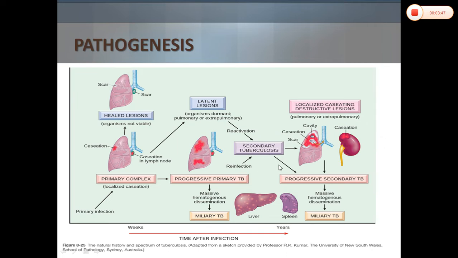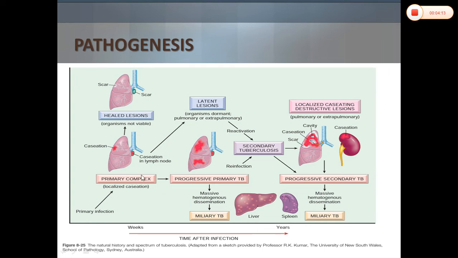In the case of this reinfection, there will be caseation along with scars and cavitation with destruction of lung parenchyma, and also extrapulmonary lesions. It goes into progressive secondary TB and finally leads into miliary tuberculosis through hematogenous dissemination.